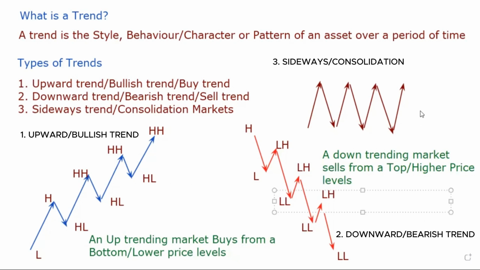Now for a sideways trend, what happens here is equal highs. So equal highs, that's how they call them. They are the highs, they are equal highs, then equal lows. So in this type of market, the market is neither buying nor selling, it's just consolidating.